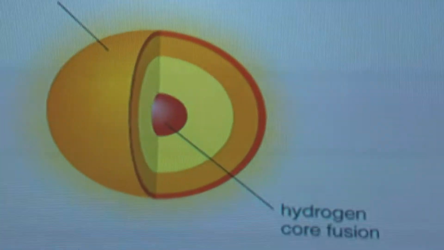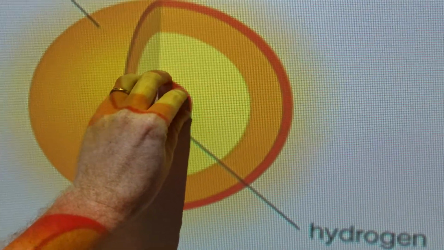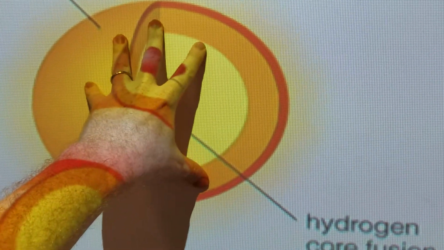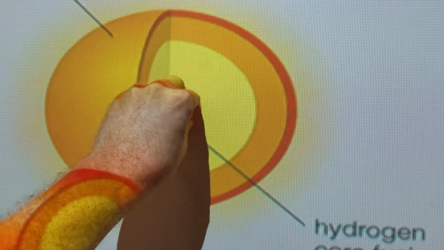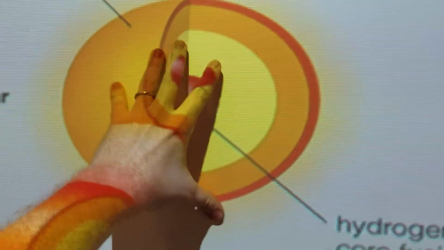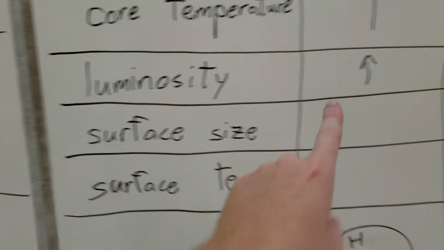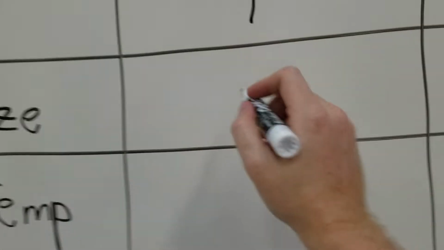Now, if the luminosity goes up, then that means more light is pushing its way out of the star. That's going to push the rest of the gas in the star out. Now, what is that going to do to the overall size of the star, the surface size? Well, it's going to make the star grow.